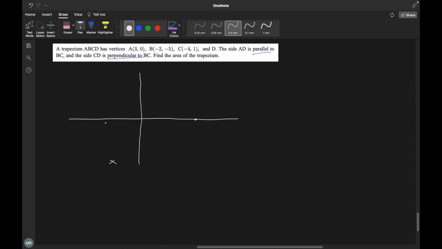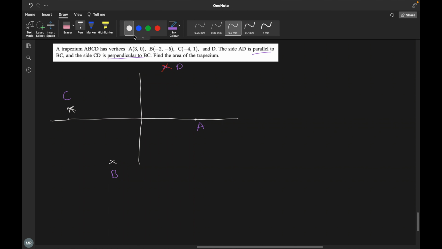And then C is negative 4, so double of this, around here, and then 1 somewhere here. Let's first write the coordinates. So this will be A, this is B, this is C. This is just a rough diagram. It's not very accurate.